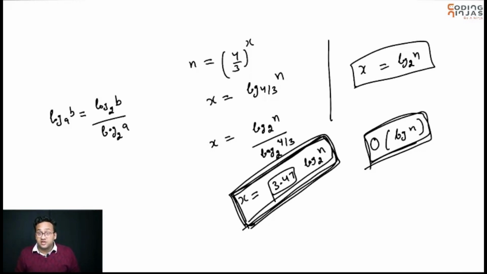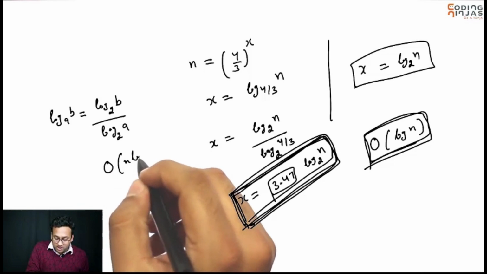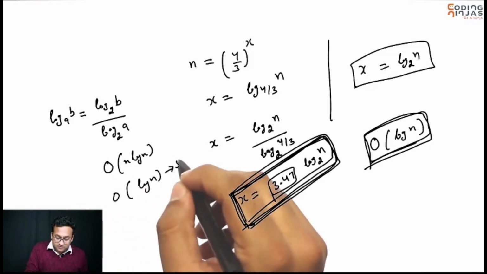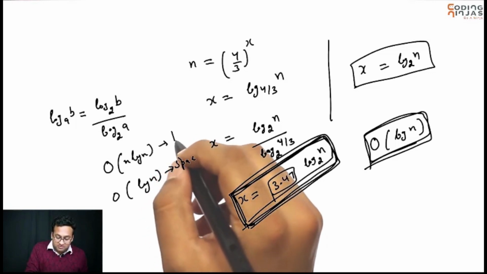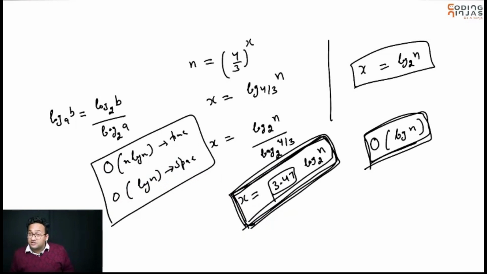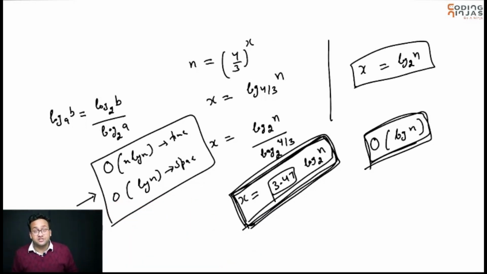So basically that proves that quicksort is big O of n log n in time and big O of log n in space, and we are looking at the average case. In the worst case, things can be bad, but because of randomization in quicksort, we look at the average case instead of the worst case.